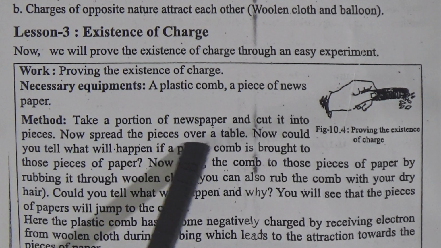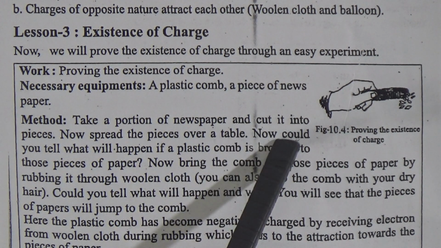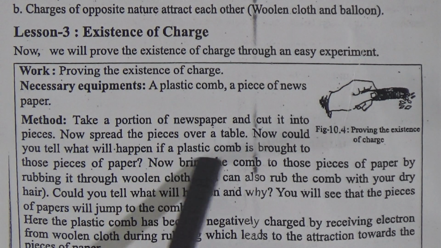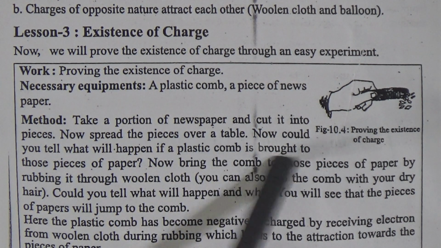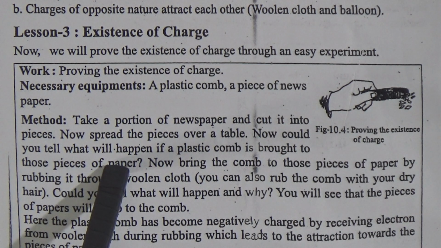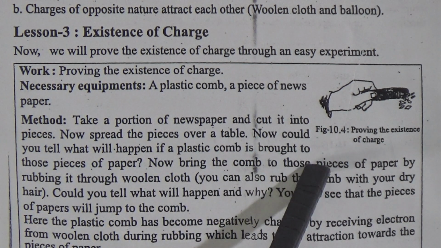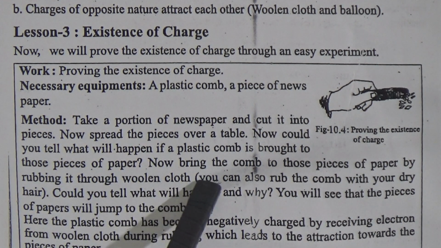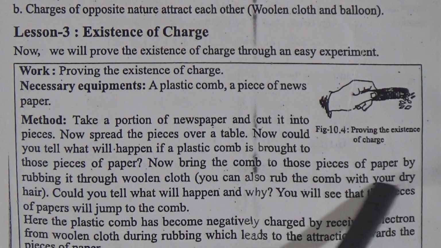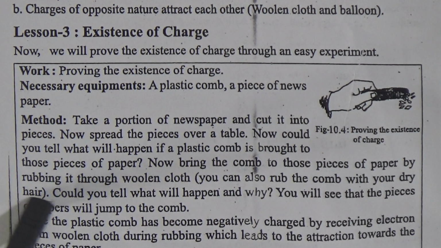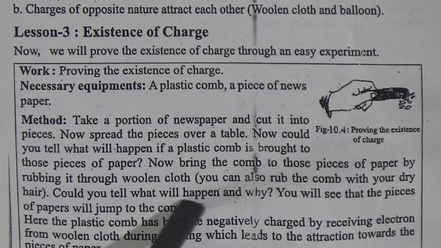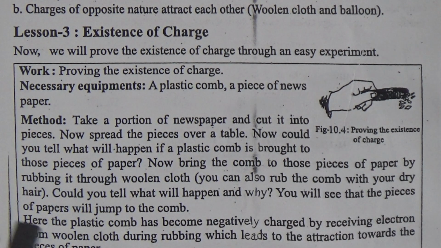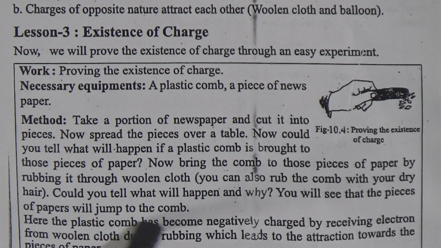Now spread the pieces over a table. Now could you tell what will happen if a plastic comb is brought to those pieces of paper? Now bring the comb to these pieces of paper by rubbing it with woolen cloth, or you can also rub the comb with your dry hair. Could you tell what will happen and why? You will see that the pieces of paper will jump to the comb.